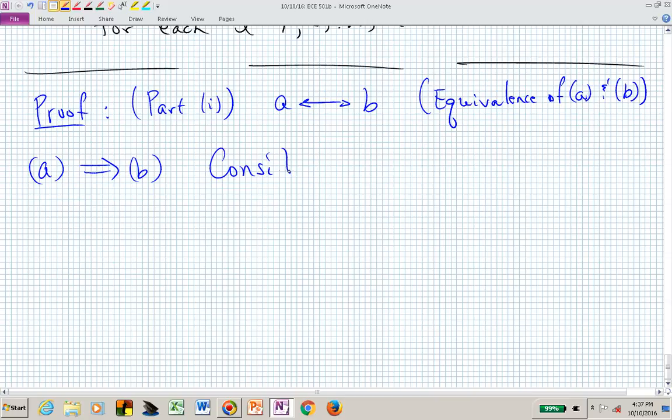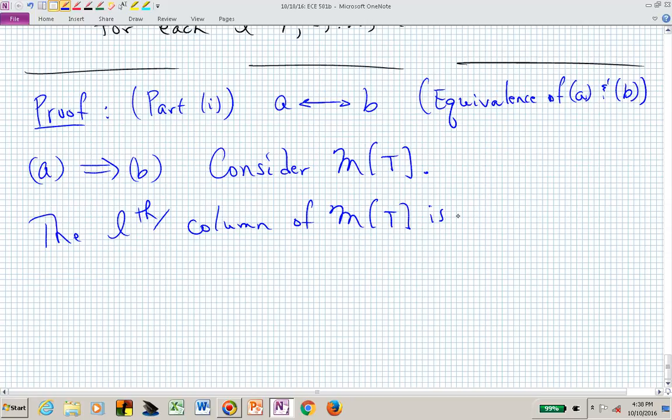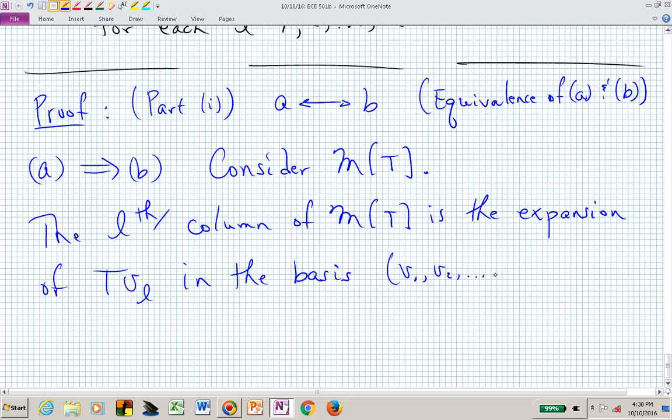Let's now consider the matrix representation of this linear operator T. In this case, the nth column of the matrix representation of T is the expansion of T v sub L in terms of our underlying set of basis vectors, v1, v2, up to v sub n.